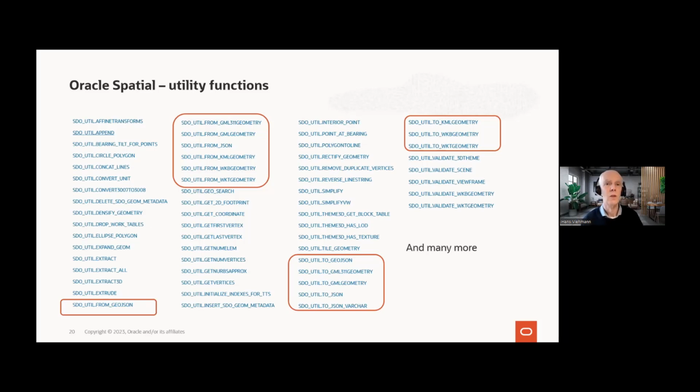Just so you're aware, we don't really care much what the original data source is. We can pretty much deal with anything, and then you can use it in your spatially enabled workflows.